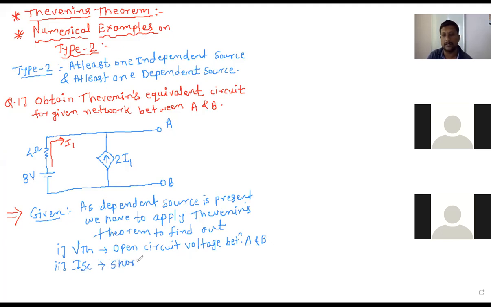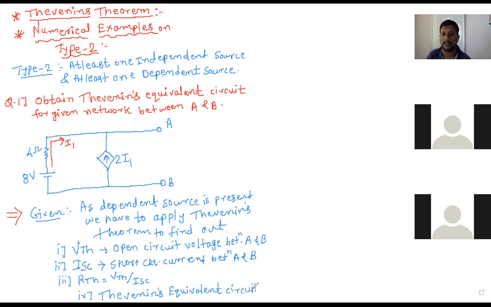Short circuit current between A and B. And third one, RTH, that is equal to VTH divided by ISC. You can write, don't write RTH as an equivalent impedance. Actual meaning is that, but here we are not calculating in that manner. And fourth one is Thevenin's equivalent circuit. So this is what we have to find out.